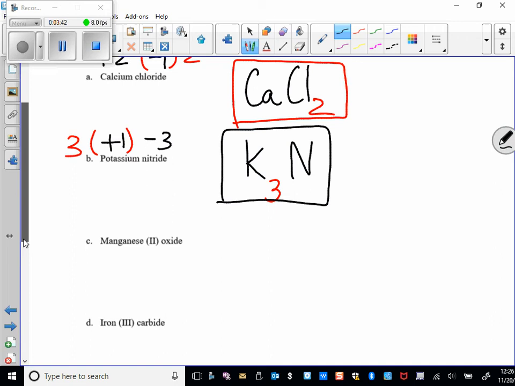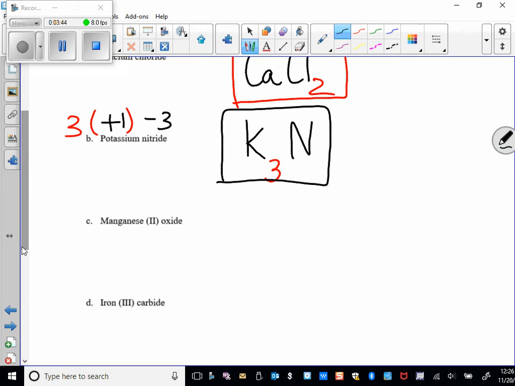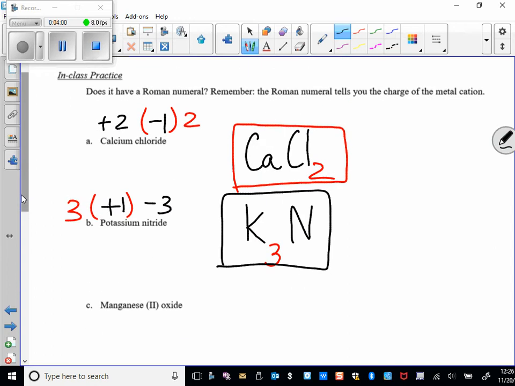Let's do the next one. So I'm looking at this number and I know I have to cancel the negative 3. So unless I make that a positive 3, it won't cancel. Therefore I knew to multiply by a 3. Is it making sense? So look at these two examples. Is the idea making sense?